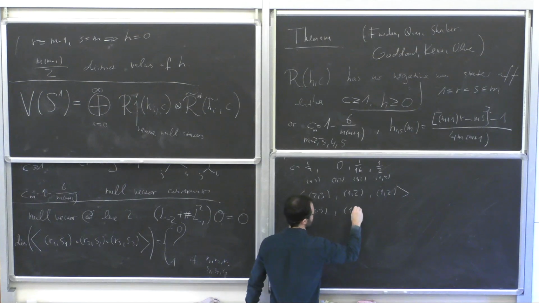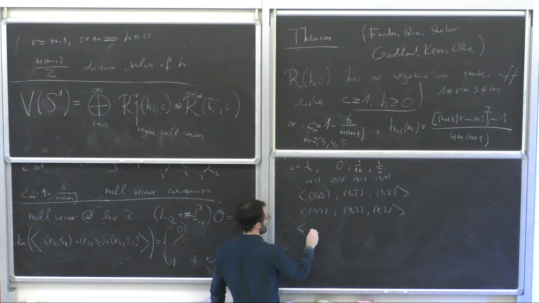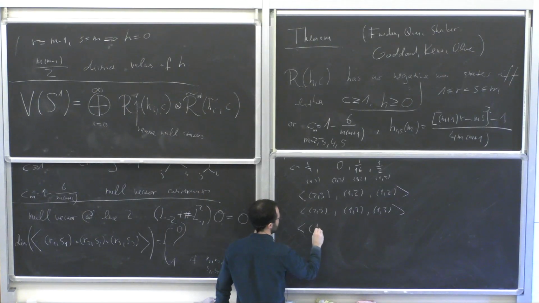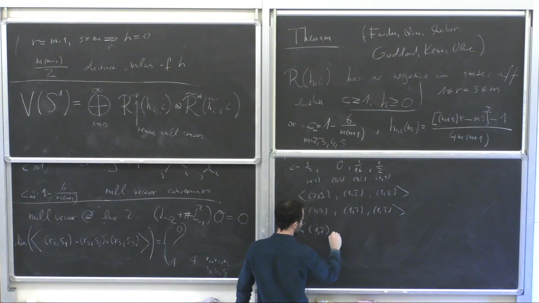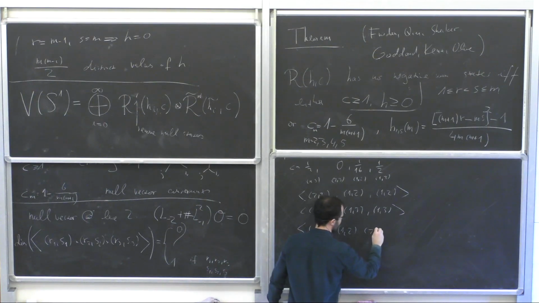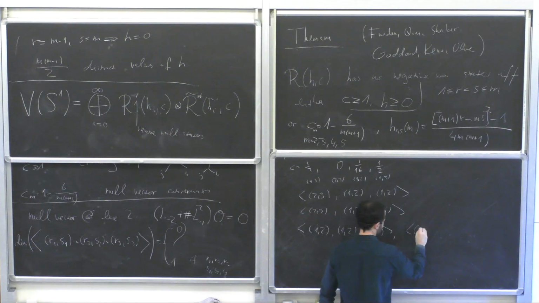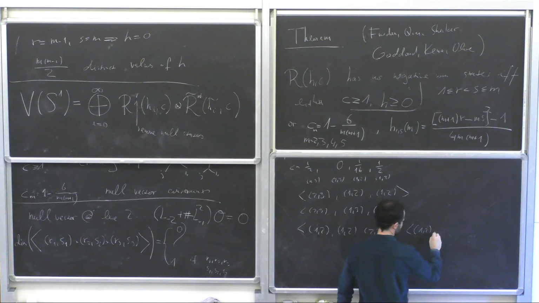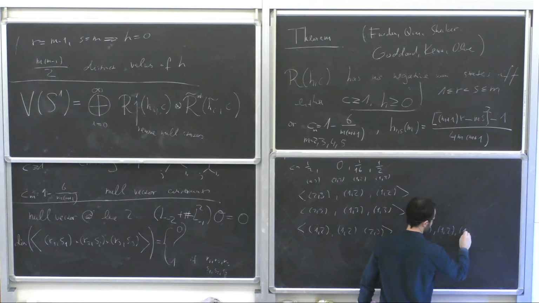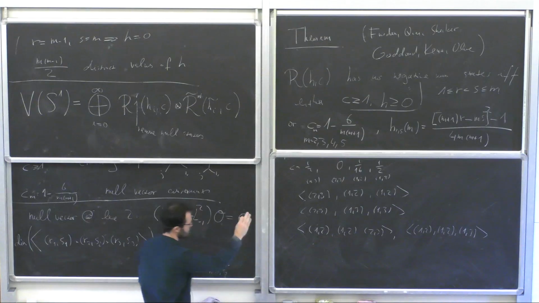So this one is kind of obvious. Then (1,2) cannot appear in its own OPE. It turns out you can have only identity or (1,3), and so on. There's a bunch of constraints.